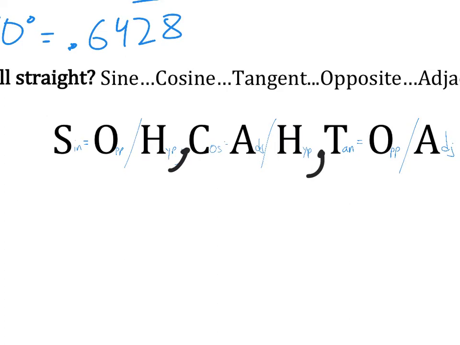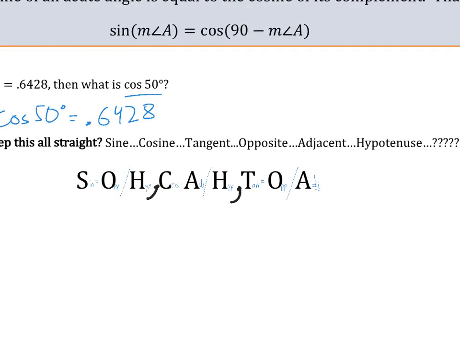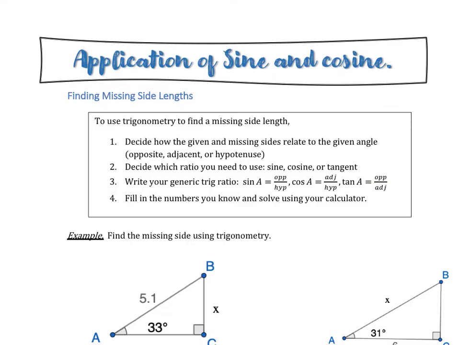All right. Great. Well, let's try using that. We're going to find some missing sides, kind of like we did with tangent. And we're going to have some steps. First step, we want to decide how the given and the missing sides relate to the angle. We look at the given sides and the missing sides, and how do they relate to that angle? Are they opposite? Are they adjacent? Are they hypotenuse?